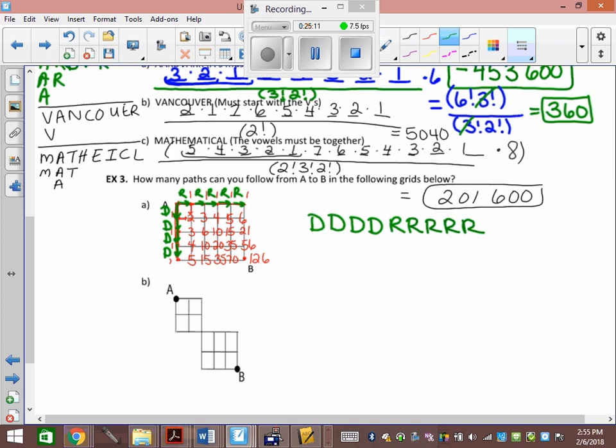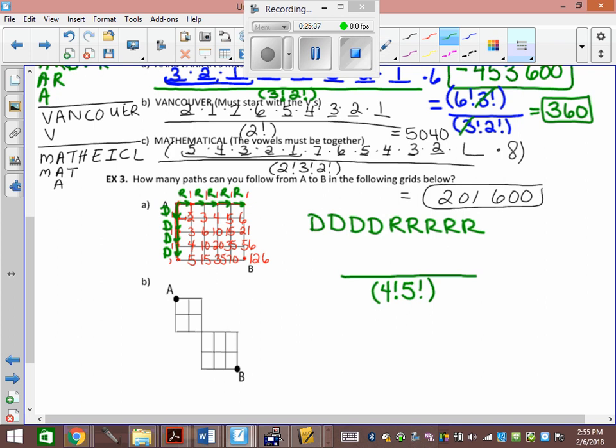So if I pretend that I'm actually doing the word DDDDRRRRR, if I was rearranging that word, how many letters does it have? 9, technically, right? So what do we do when we have words like that? On the bottom, we'd put 4 factorial, 5 factorial to represent the fact that I have 4 D's and 5 R's. We agree?